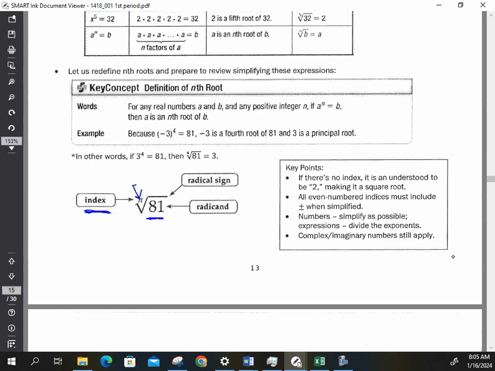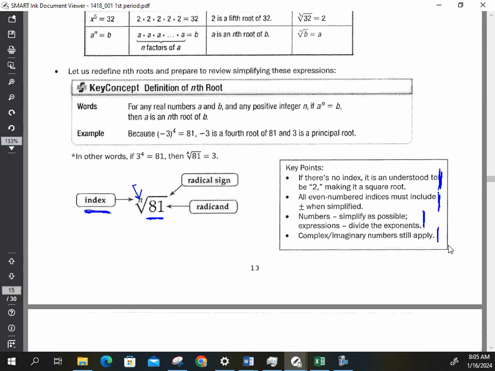Now, there's a few key points to keep in mind. If you don't have a number outside, it's understood to be a 2, which makes it a square root. Anytime there is an even number sitting out there, you need to put plus or minus when you are simplifying it. You have a number, simplified as much as possible, but when you have variables, you divide the exponents.